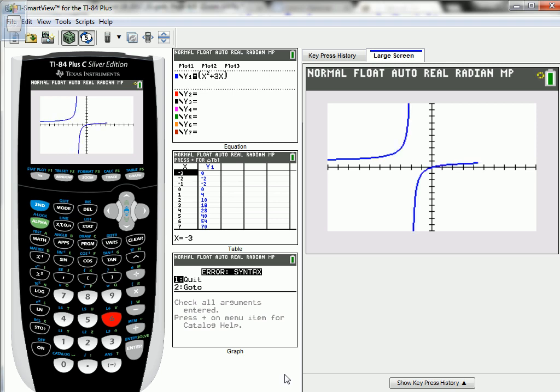So we can clearly see that vertical asymptote at x equals negative 2. But we can't clearly see anything in the function where x equals negative 3. But if we go to the table, it says error.